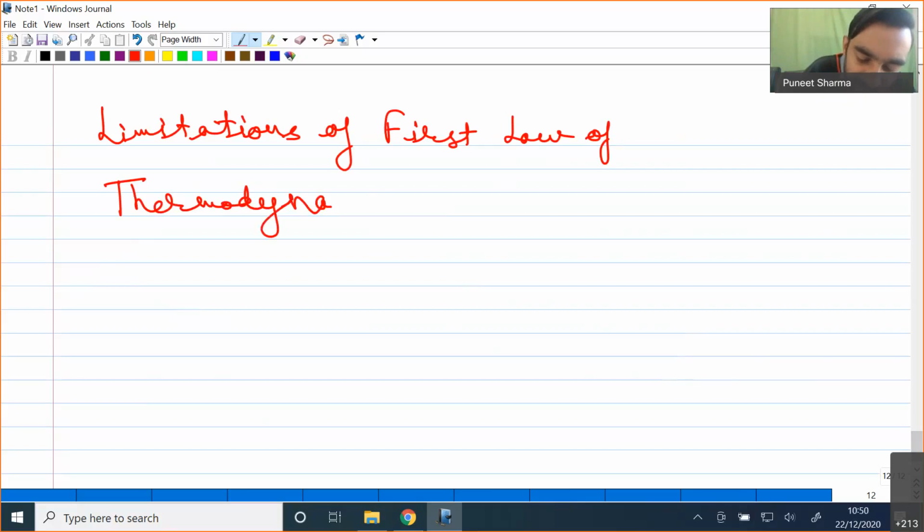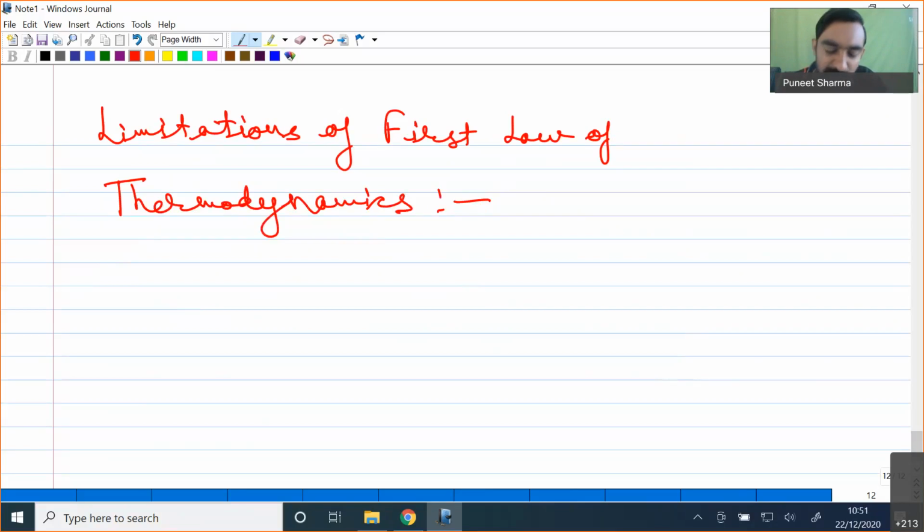So what are the limitations of first law? Let us try to see them with the help of some examples. The first point is that when we talk about first law of thermodynamics, we are not concerned about whether the process is feasible or not.